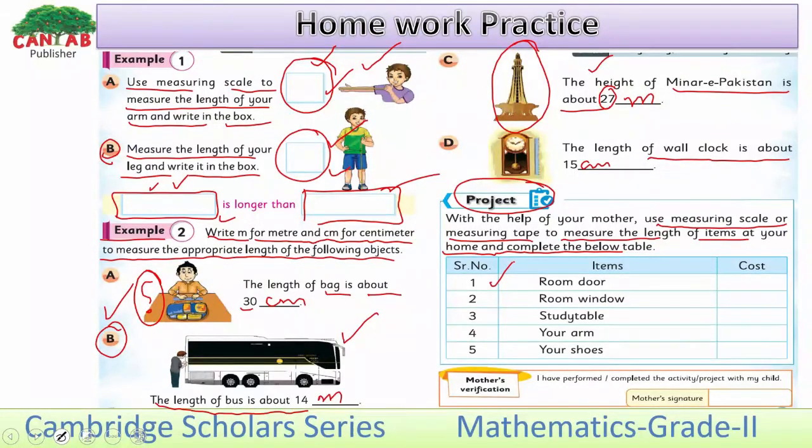At your home, with the help of your mother, you can use the measuring tape or measuring scale to measure these things: room door, room window, study table, your arm, your shoes. You have to write the length of these items, in meters or centimeters.